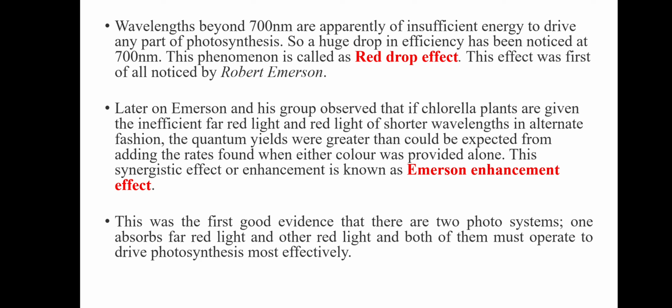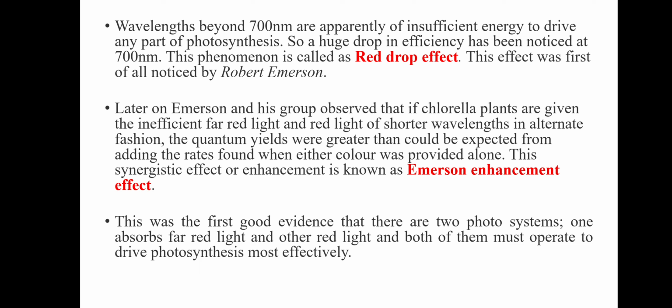Then what is the red drop effect and the Emerson enhancement effect? At wavelengths beyond 700 nanometer, it was observed that there is apparently insufficient energy to drive any part of photosynthesis. So a huge drop in efficiency has been noticed at 700 nanometer.